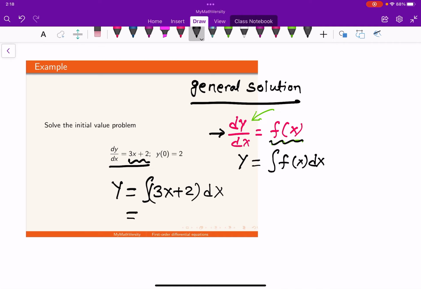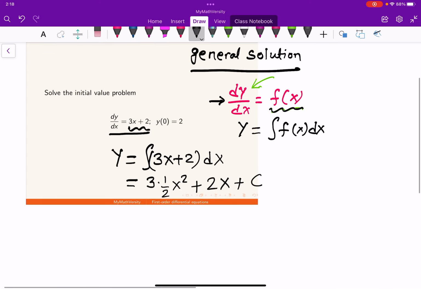So the antiderivative of 3x is 3 times the antiderivative of x, which is 1/2 x squared. And then plus the antiderivative of 2, which is 2 times x, plus some arbitrary constant. So this is what I get: y as a function of x is 3/2 x squared plus 2x plus c.